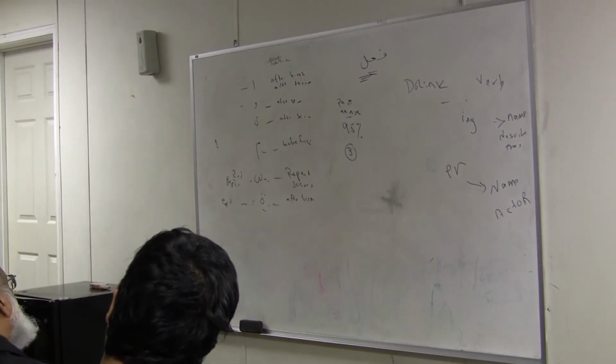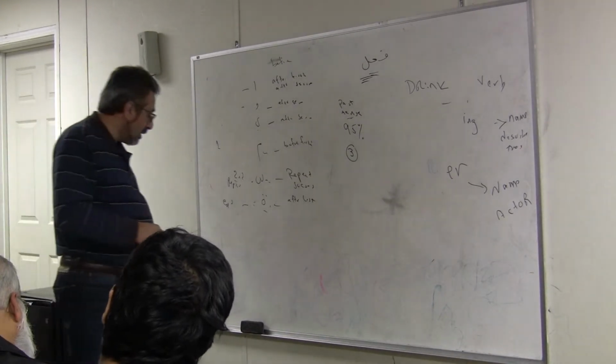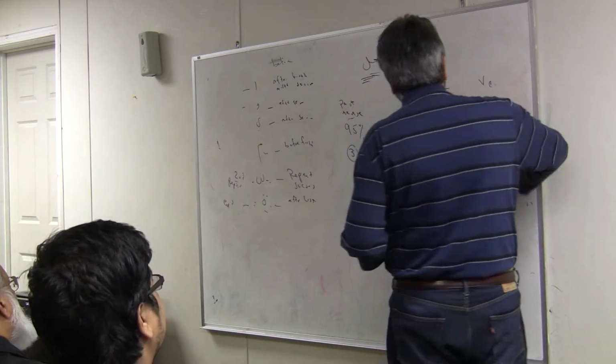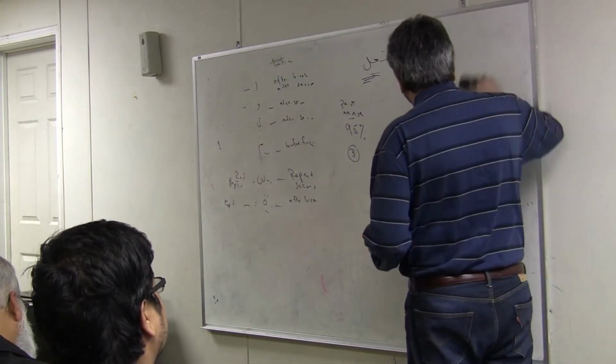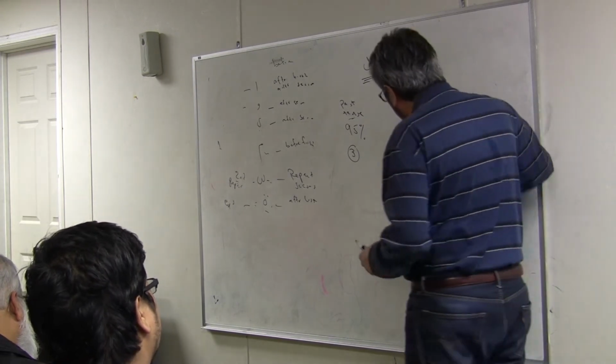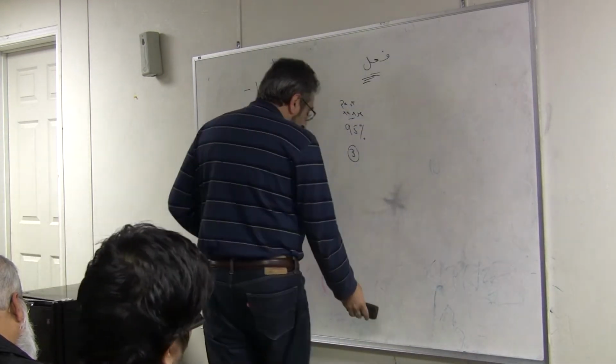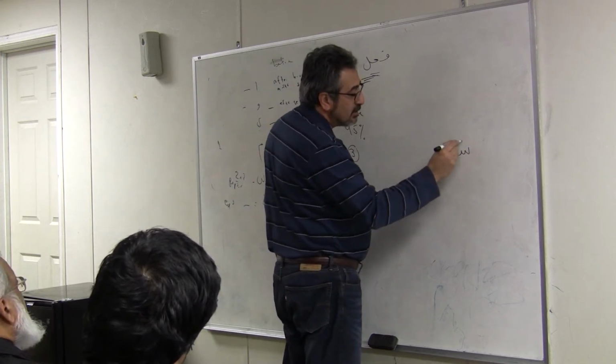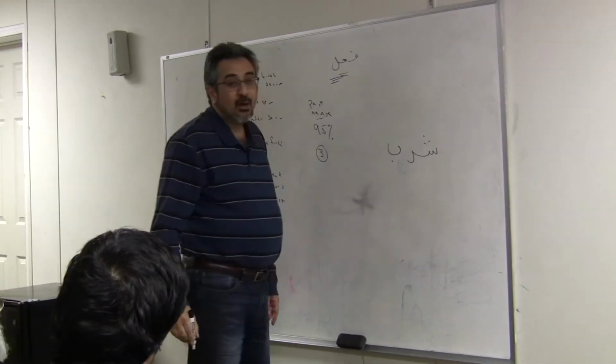And that's what we're talking about. So in the last session we took the word kataba, which was easy to understand, but rather than that, let's use sharaba, drank, to drink. Okay?